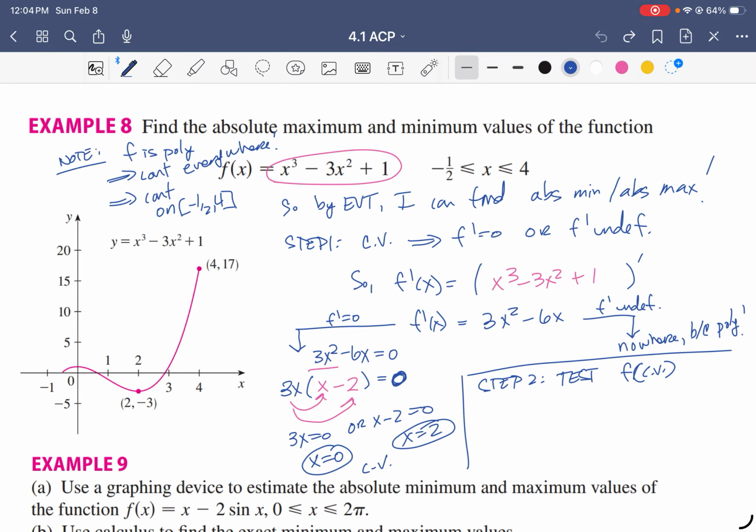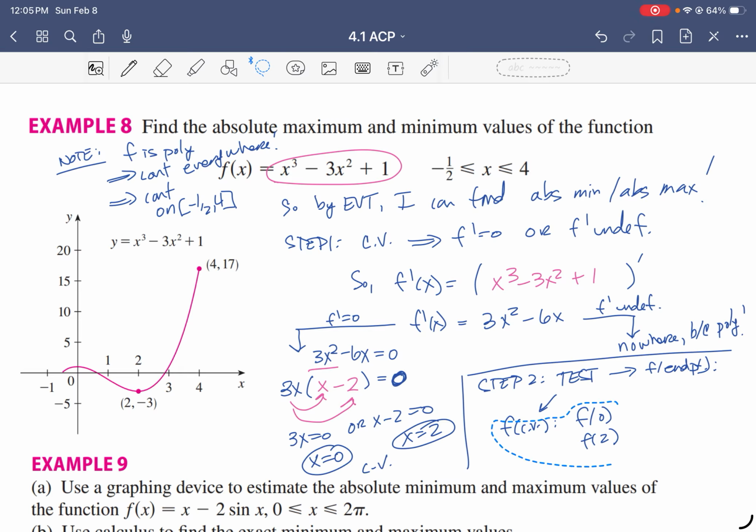So maybe I'll write it this way: test f of your critical values, and that's going to be f of 0 and f of 2. You're also going to test f of your endpoints, and that's going to be, if I can move that down just a little bit over here.